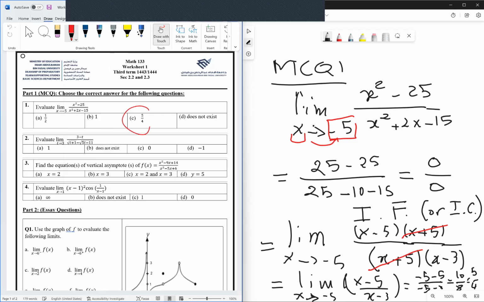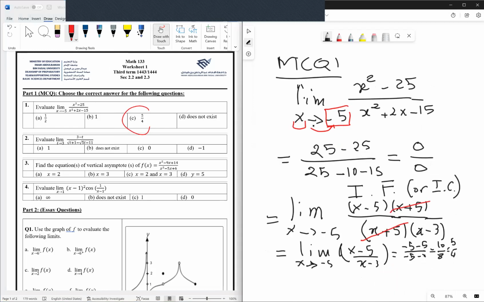Good. So now we can continue to the MCQ number 2.